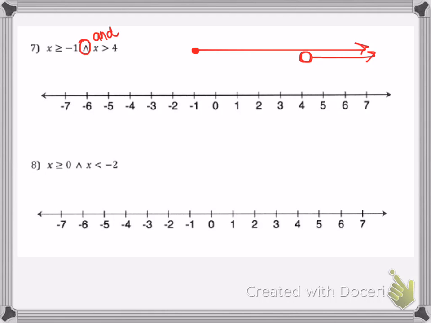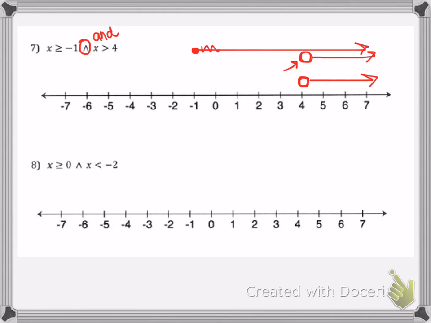And we're looking for where they overlap, what they have in common, because it has to fulfill both of the inequalities. And if you notice, they're both going to the right forever, but the least amount is the second inequality. It starts with less than or equal to, or greater than or equal to, pardon me, not or equal to. Oh my goodness. Open circle at 4, shading to the right is what they both have in common at least.